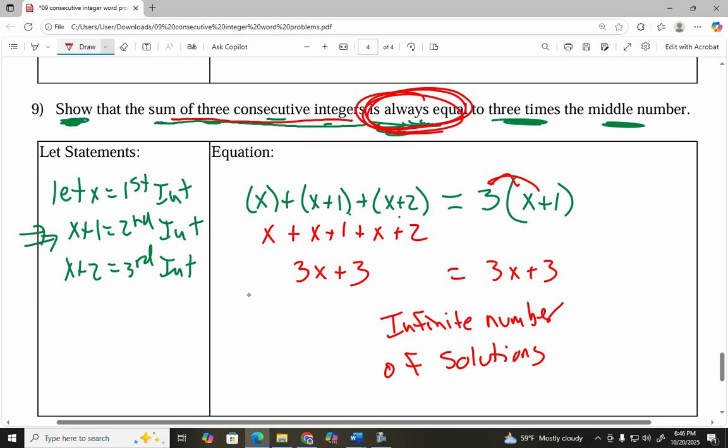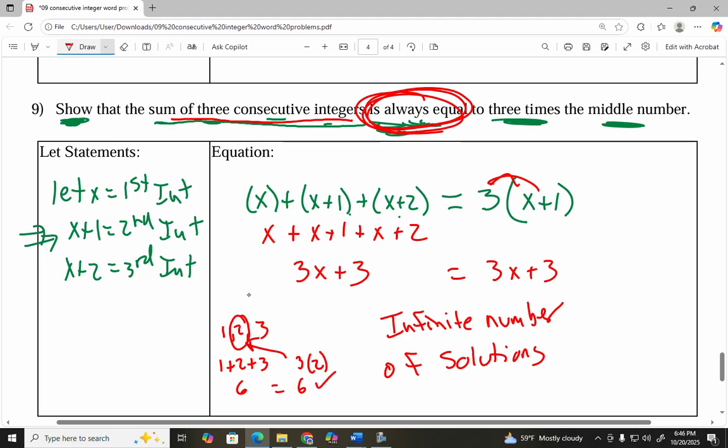And if you don't believe it, let's just test it out. 3 consecutive integers. I don't know, 1, 2, and 3. They say that the sum of them, so if I add this, I get 6. 1 plus 2 plus 3 is 6. They said that the sum of it is always equal to 3 times the middle. 3 times the middle is also 6.